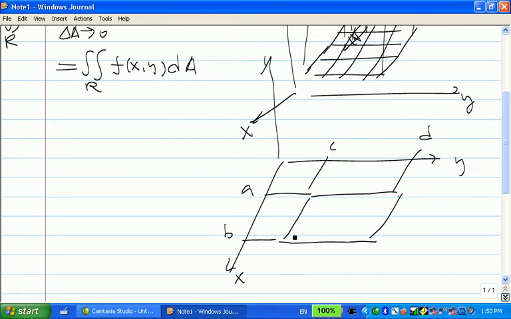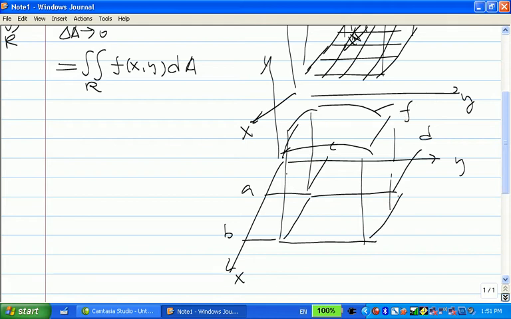Now you go up. Now we have a surface here. Okay. Now, again, this surface here is f(x,y). Okay, we want to find the double integral, which gives you the volume under this surface.